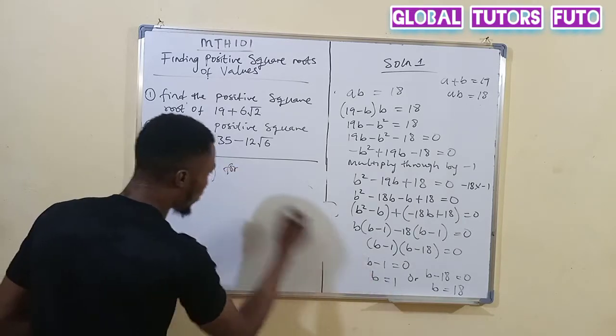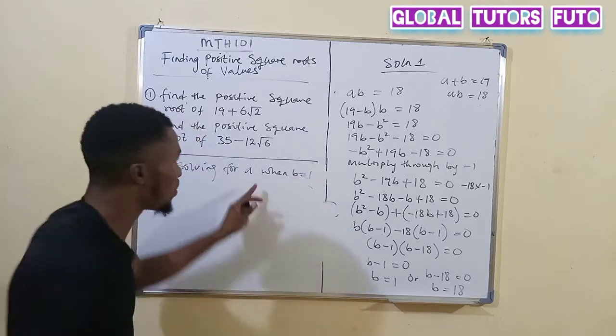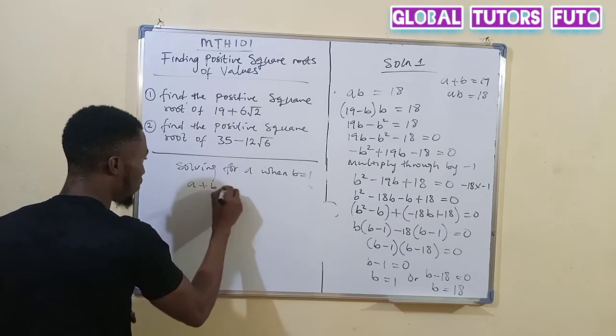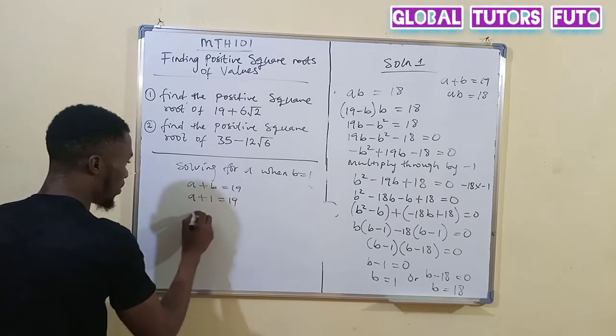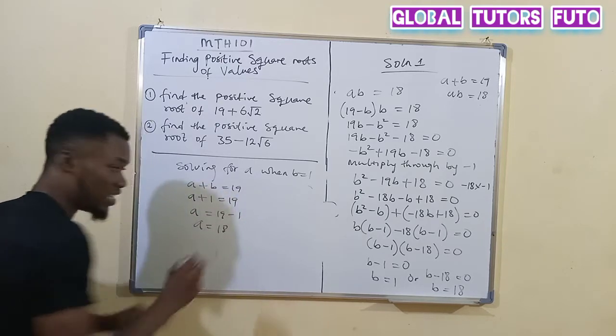So solving for a when b is equal to 1. Remember that a plus b is equal to 19. So if b is 1, I'll have a plus 1 is equal to 19, such that a will be equal to 19 minus 1. A will be equal to 18.